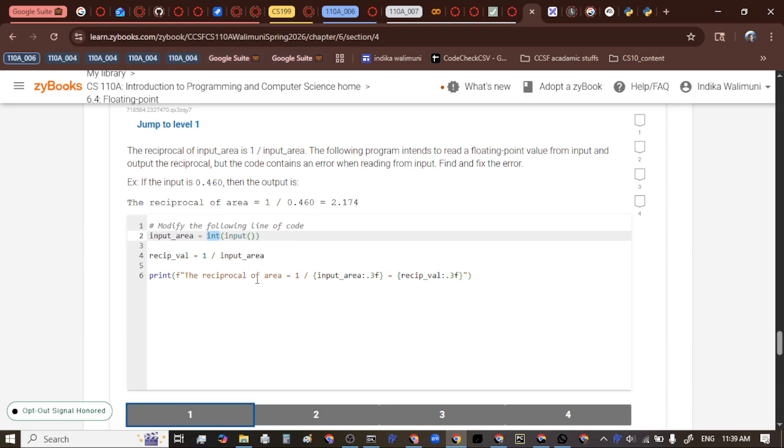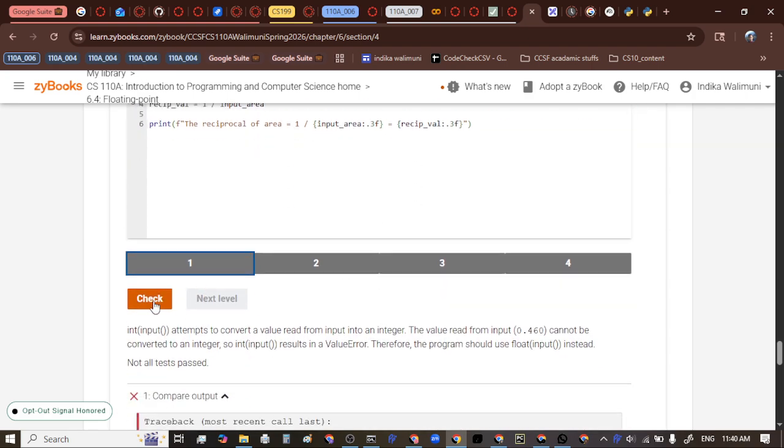We are inputting a floating point value, so it's struggling to convert it to an integer. So what we should have over here is float, right? Let's try that.